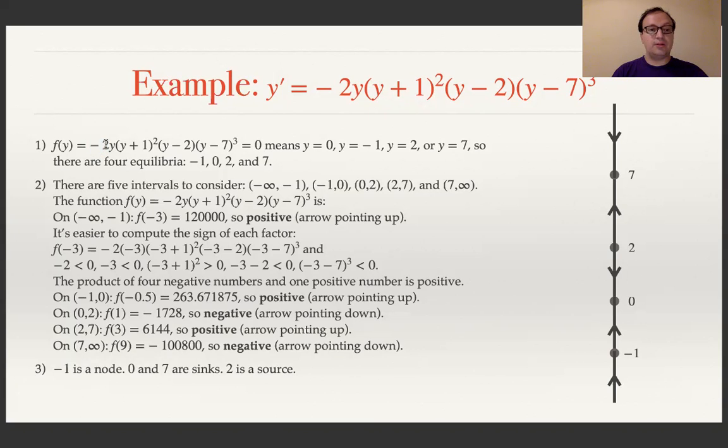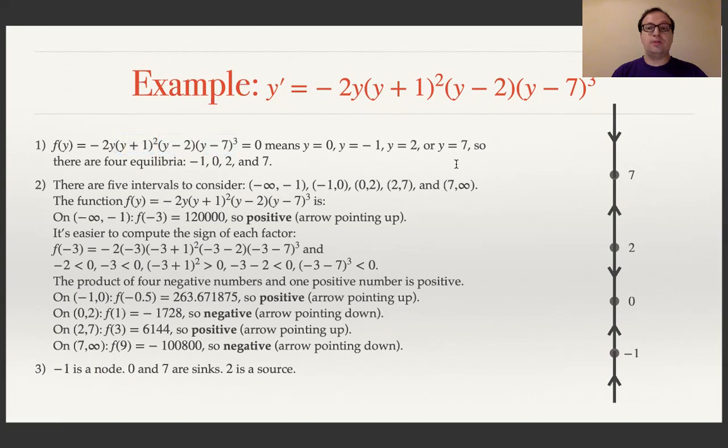Minus 2 cannot be 0, so either y is 0, which means y equal to 0 is a constant solution, or (y plus 1) squared is 0, which means y is equal to minus 1, or y minus 2 is 0, which means y is equal to 2, or (y minus 7) cubed is 0, which means y is equal to 7.